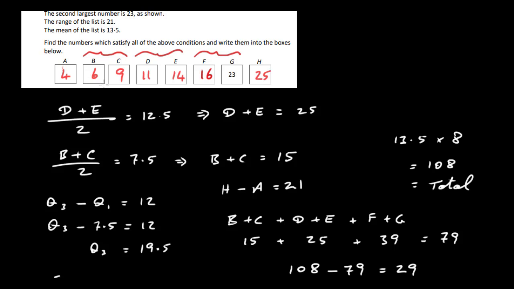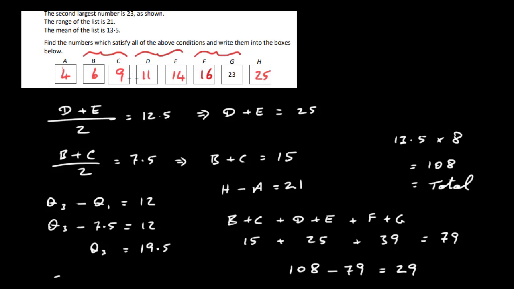Well, 6 and 9 will work. 6 and 9 are more than 2 apart. 9 and 11 are 2 apart, so that's fine. 4 and 6 are 2 apart, so that's fine. But what about 5 and 10? 5 is 1 away from 4. 10 is 1 away from 11, so they won't work. So the only possibility will be 6 and 9.